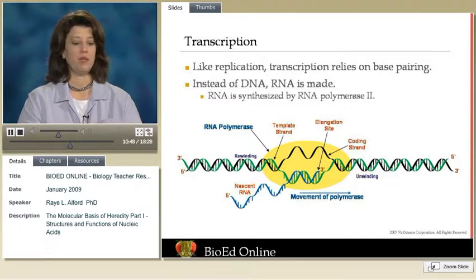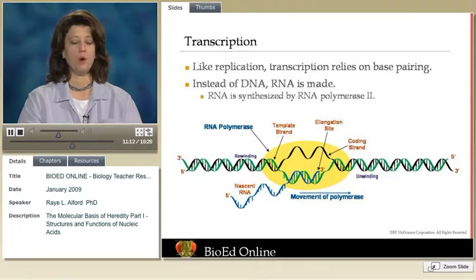In order to implement the instructions encoded within the genes, DNA uses RNA as a messenger. RNA is formed through a process called transcription. During transcription, an enzyme called RNA polymerase utilizes the base pairing between DNA and RNA bases to synthesize an RNA molecule that is a complementary copy of one of the DNA strands.